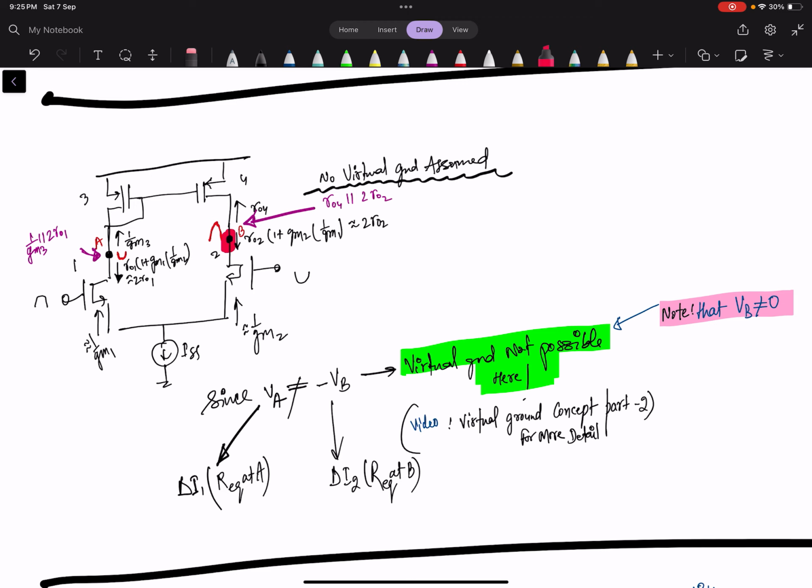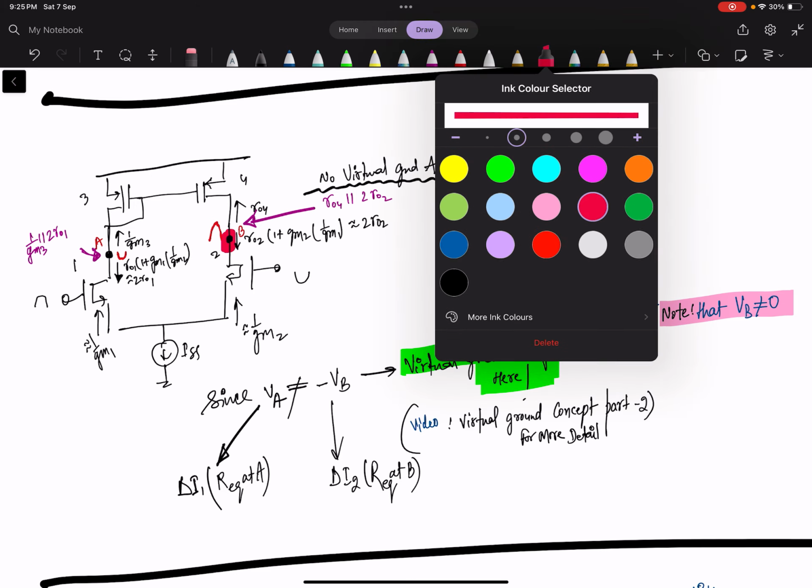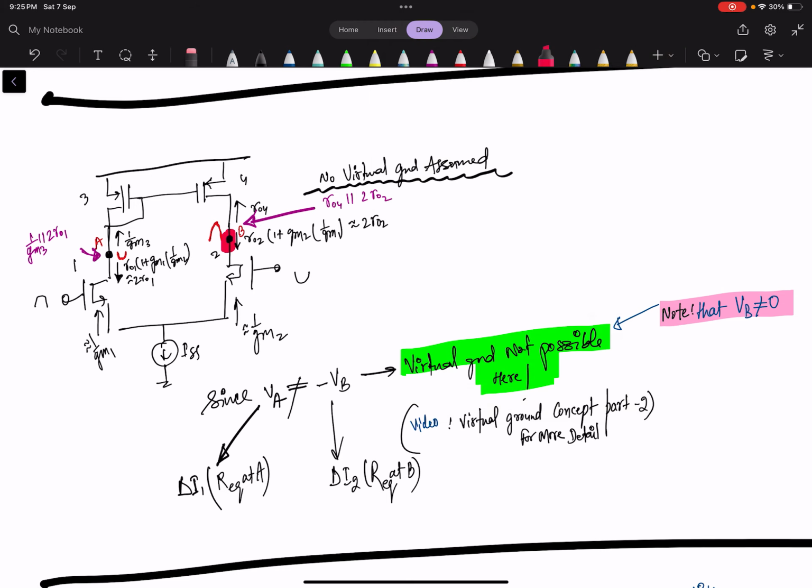This potential is not grounded or 0. It's just a voltage with respect to ground. So let's see whether we can apply the virtual ground concept here or not.